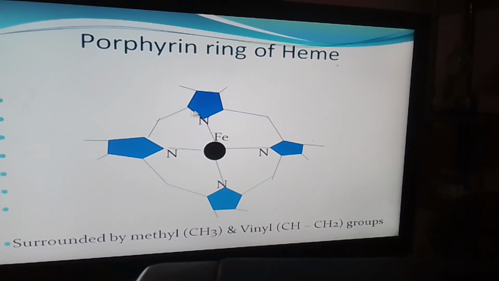So one heme has an iron at the center, that is the active part of the heme, because only the iron will be helpful for taking in the oxygen and giving out the oxygen. So here you see the porphyrin ring of the heme. One heme is basically made of this ring structure with an iron inside.